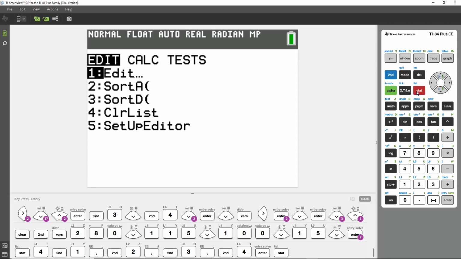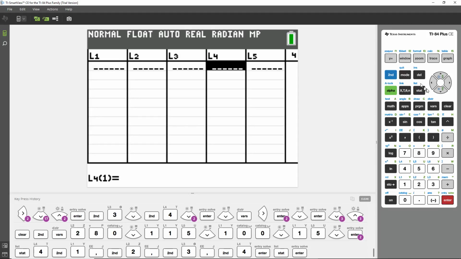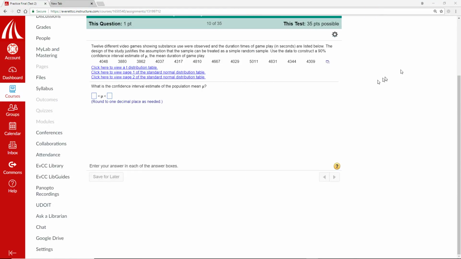And now I'm going to put those values into my list. So we're getting, let's see here, 4,048, 3880, 3862, 4037.